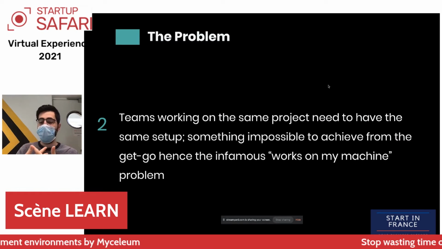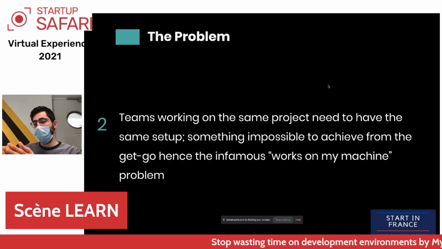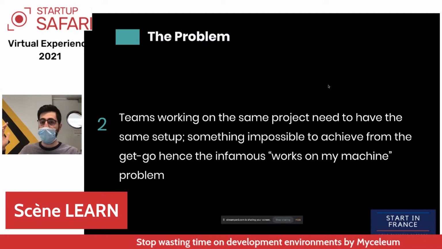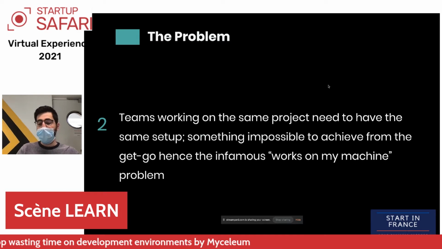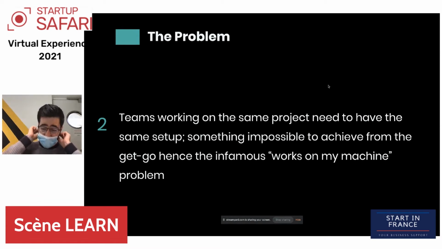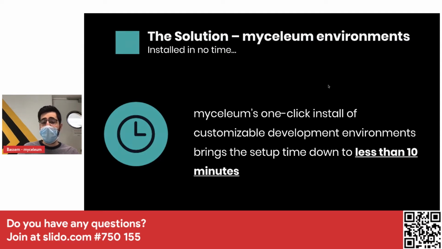We find that using Docker locally is a great way to do that, especially if you're Dockerizing your application in production. The point of Myceleum is to make that process easier.